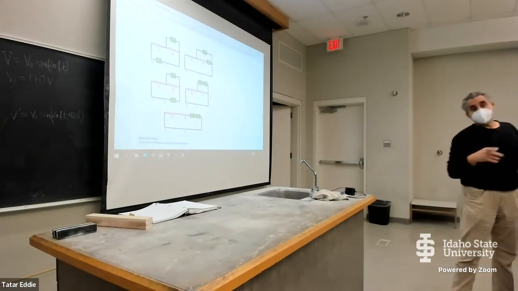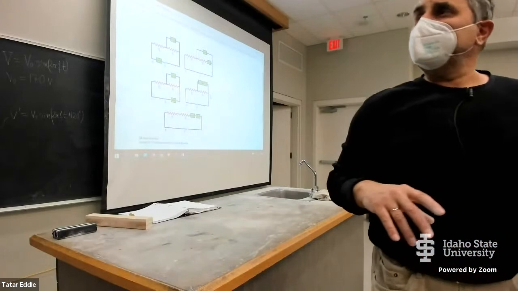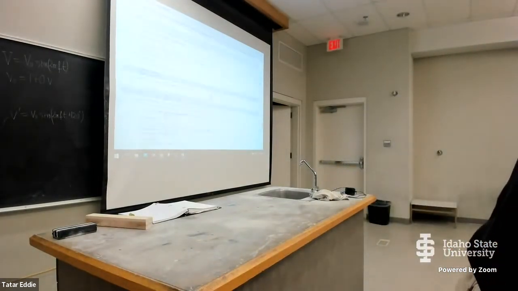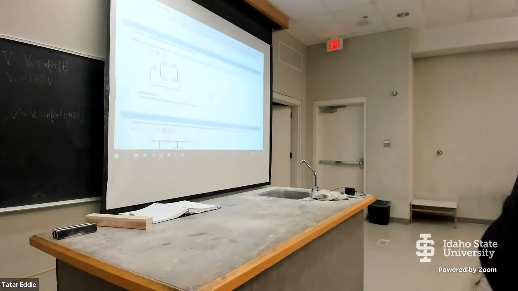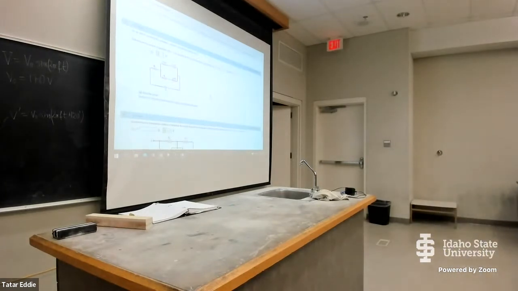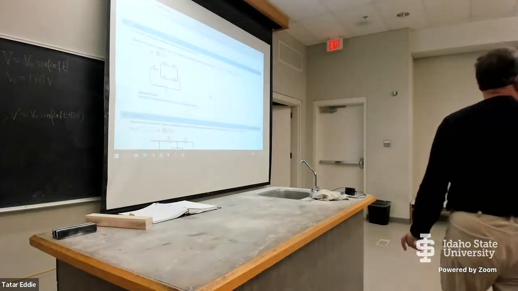Okay, other questions there? No? Let's go to problem number 17, maybe. Let's see what problem 17 is. Okay, so problem 17. The easiest way to solve problem 17 is to use Kirchhoff rules.